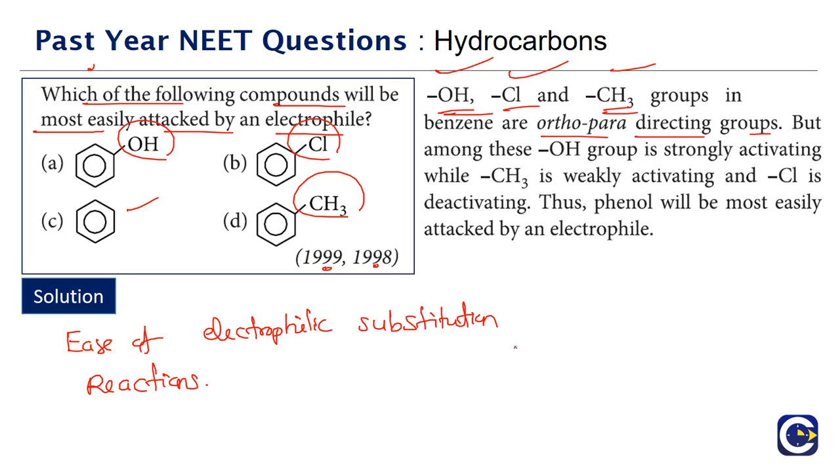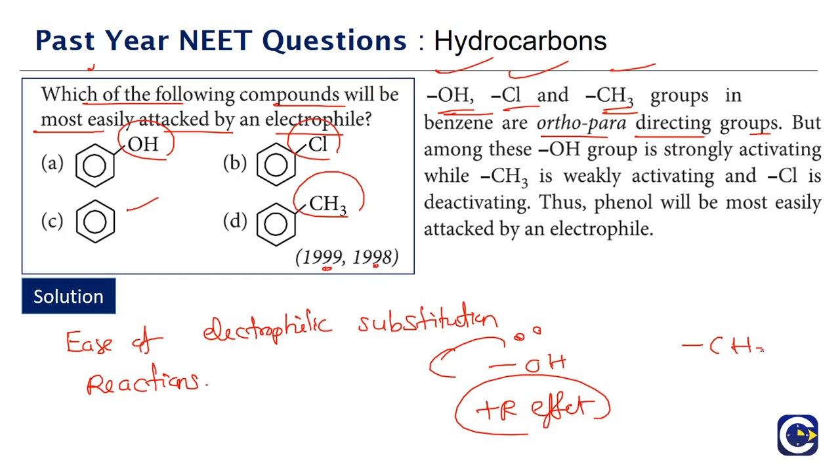The OH group is ortho para directing because it can donate the lone pair of electrons on oxygen through the plus R effect, whereas the methyl will be able to activate the ring because of the hyperconjugation structures.